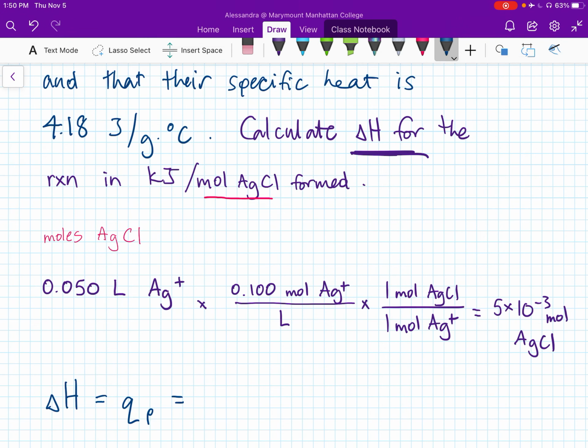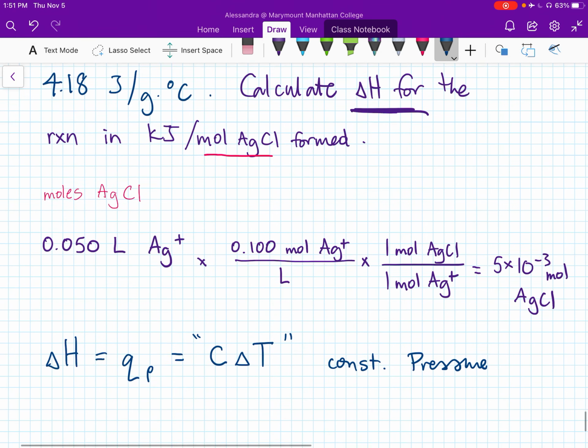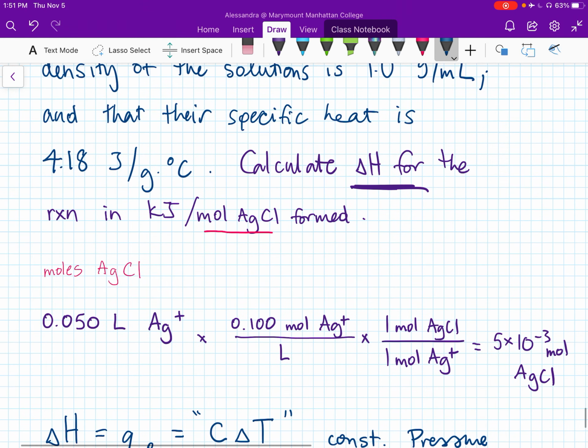And I know that I can take the heat capacity and multiply it by the change in temperature, as long as I'm careful about the units. And I am here again at constant pressure, to figure out what the Q is. So I have the heat capacity of the solutions, right?